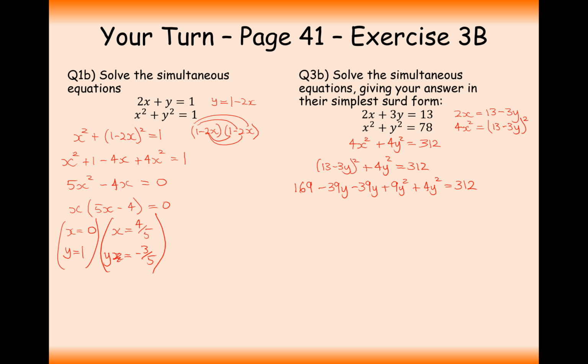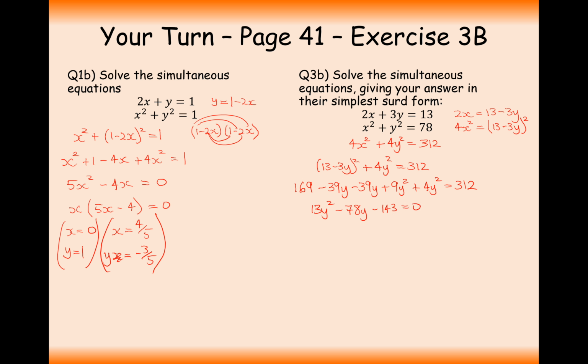This is going to be tricky, isn't it? So to simplify all of this, we're going to get 13y squared minus 78y. And next we're going to have to take away 312 from 169, so 169 take away 312, and we're going to get minus 143 equals 0.